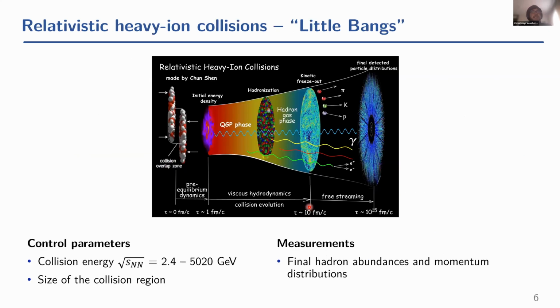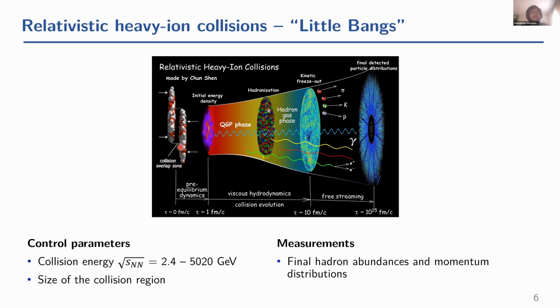But this brings us instead to relativistic heavy ion collisions, or the so-called little bangs, in analogy to the Big Bang, where matter, excited QCD matter, is also created and then expands. So a very similar thing happens in heavy ion collisions. What we do is we collide heavy ions, which are accelerated to ultra-relativistic energies.